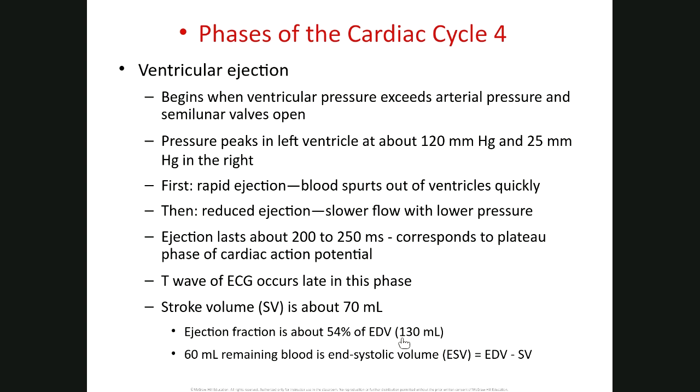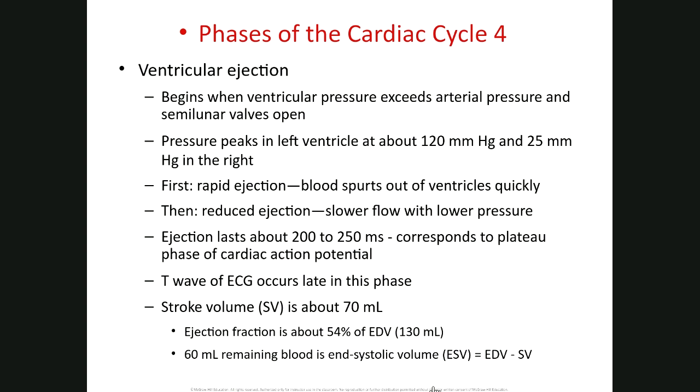So divide 70 by 130, and you get 0.54, meaning the 70 that went out is 54% of 130, which is what the ventricles would have had at full end diastolic volume. So that's your ejection fraction: the percentage of blood that was ejected out, which is the stroke volume, with respect to the original volume of the ventricles.